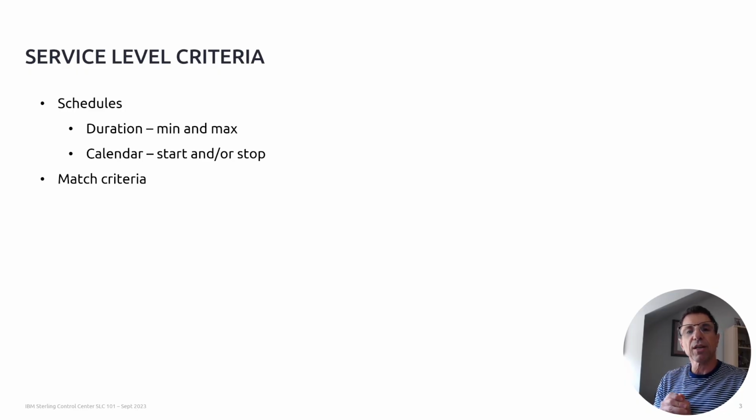The match criteria in the SLCs tell the SLC service what events correspond to this particular SLC. They will always include a monitored server name and a process name, and then optionally you can have a destination file name or a step name or a mailbox name, and on and on. This match criteria is used to tell the SLC service what events are pertinent to this particular definition.